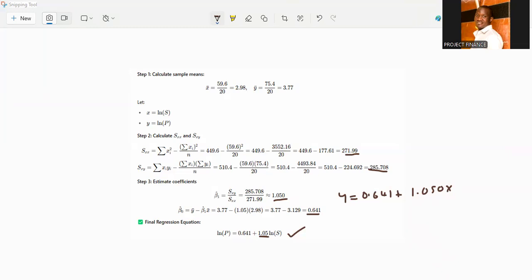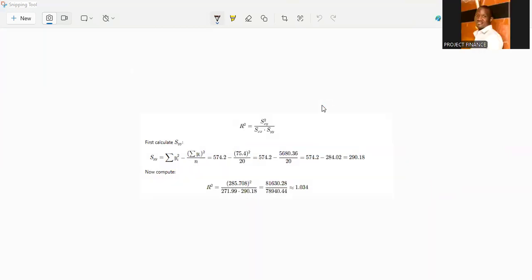And how do we calculate our R squared? Remember how to calculate our R squared? Yes. We use the formula for correlation, which is SSxy over... Then after we find the answer, we square the answer. Square it, yes.